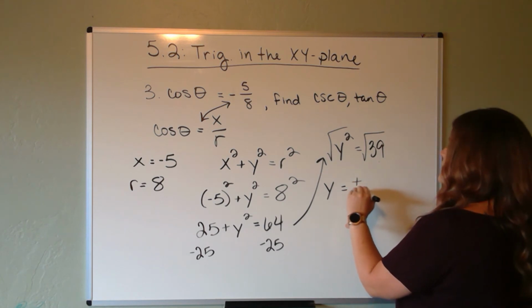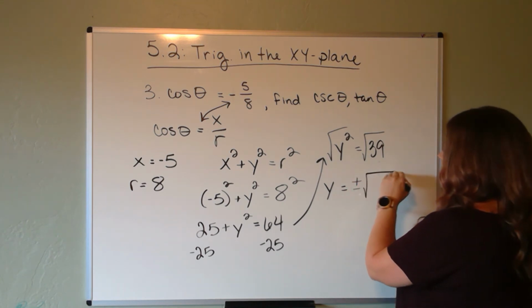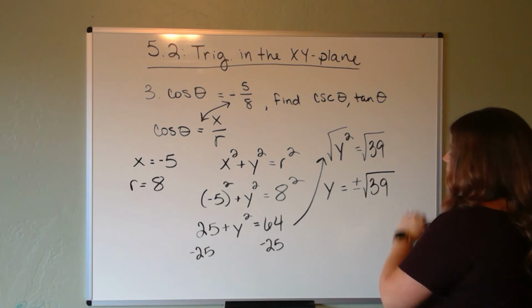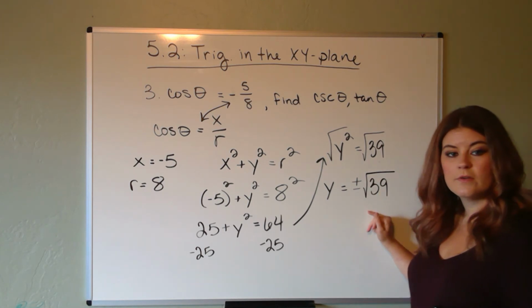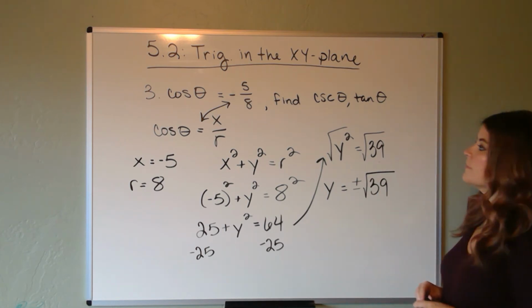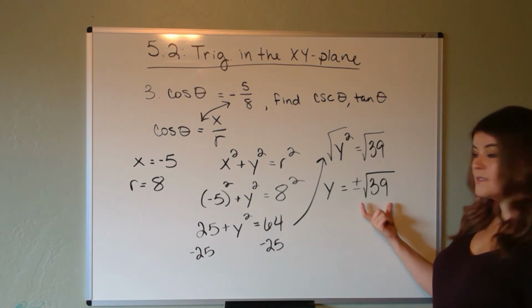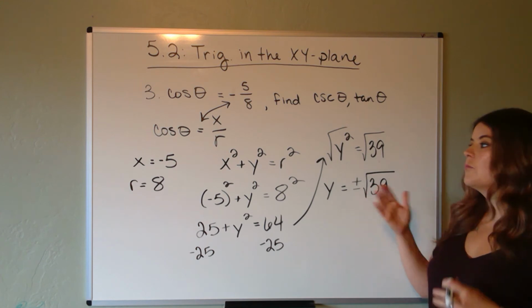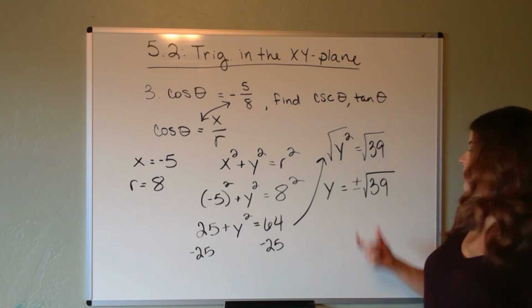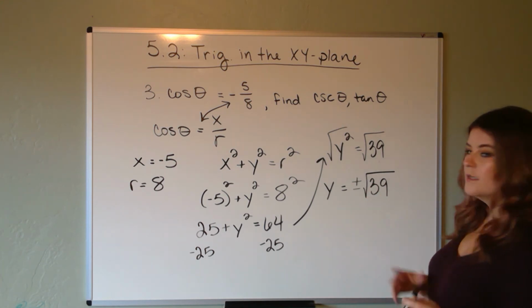So I'm going to write this as plus or minus square root of 39. I'm going to leave it exact, and if it wants it rounded, I would wait to round it till the very end.